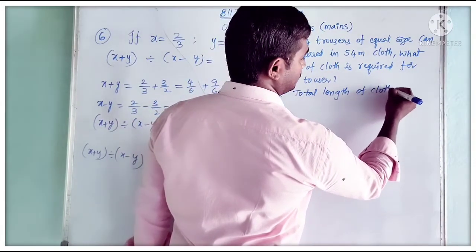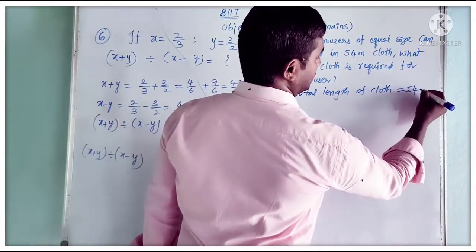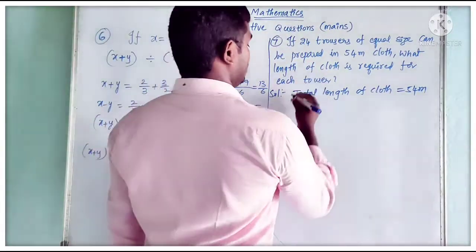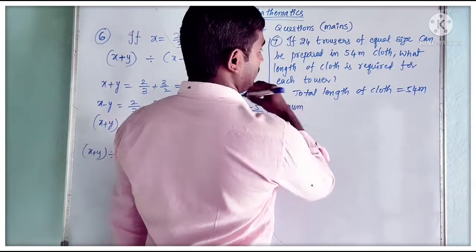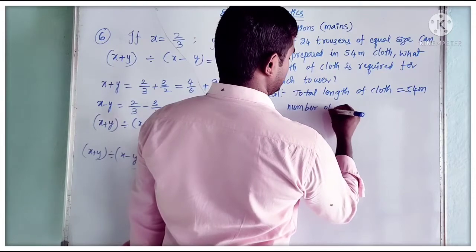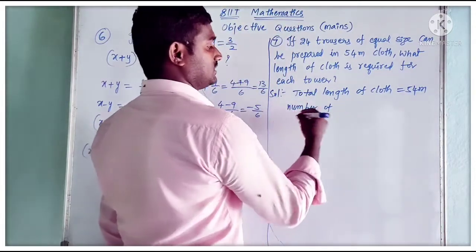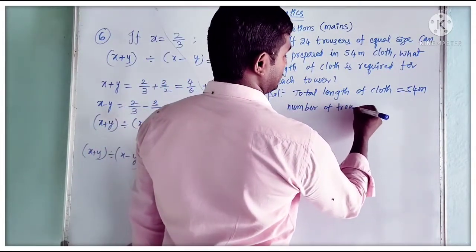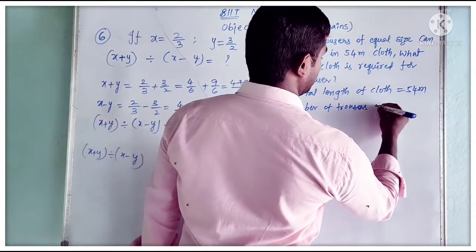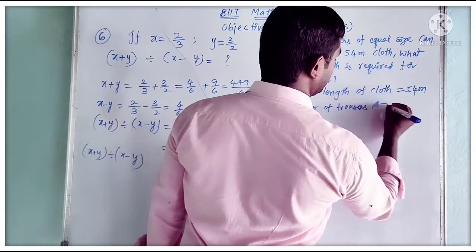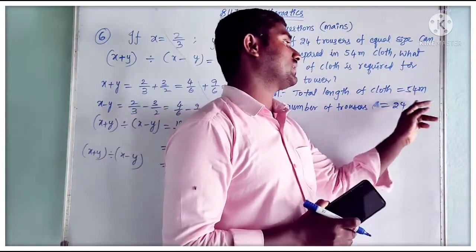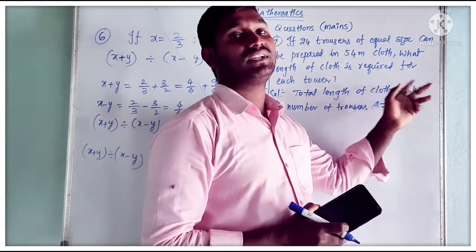The total length of the cloth is 54 meters. The number of trousers that can be made is 24. So we should make 24 trousers from this 54 meter cloth.